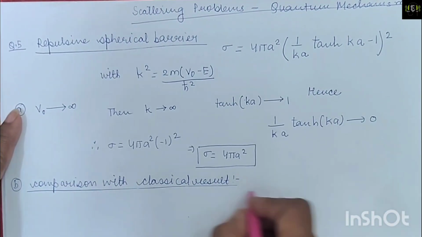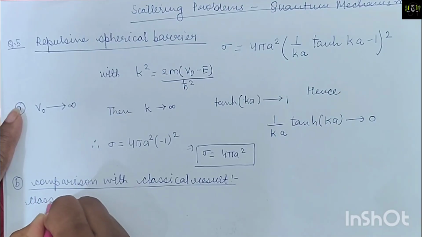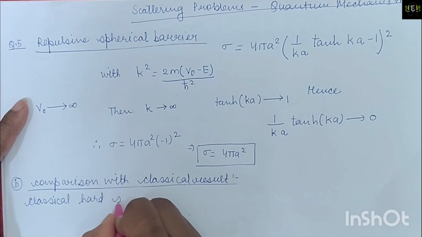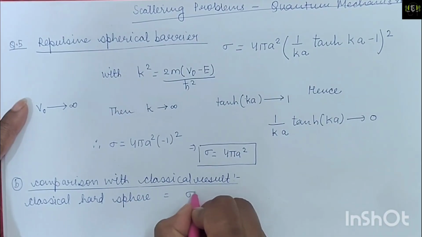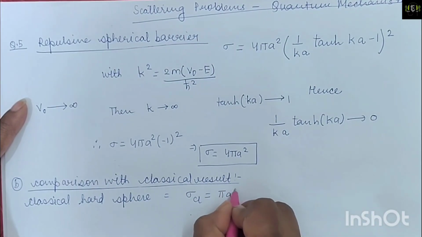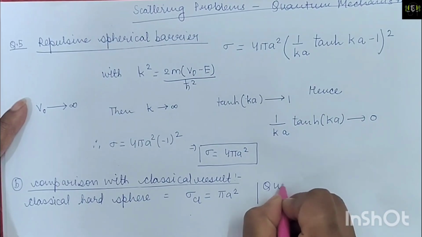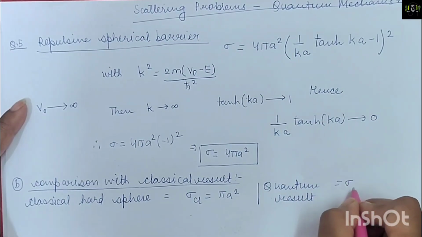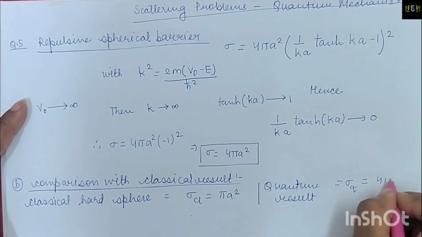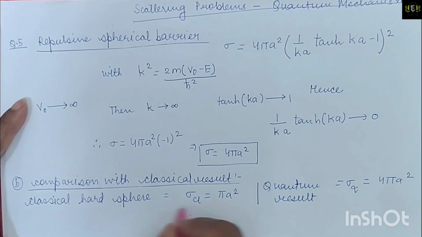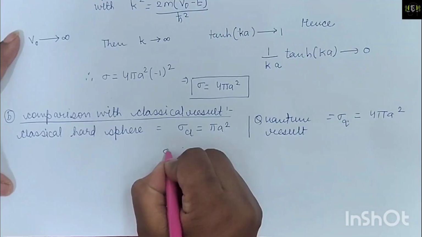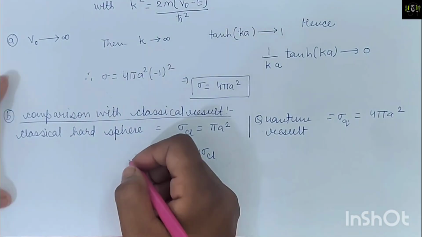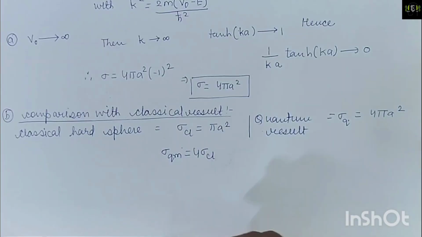Now see, in the classical result, for the classical hard sphere, sigma classical is equal to pi a square, and the quantum result, sigma quantum, is equal to 4 pi a square, right? So when I take these two results, I will compare that sigma quantum is 4 sigma classical, and this is the low energy hard sphere enhancement.